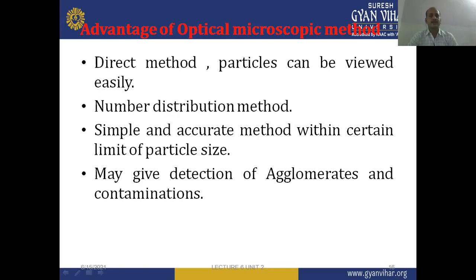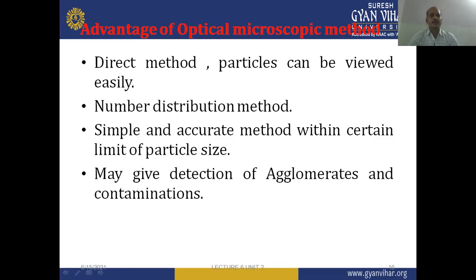It is also known as a number distribution method. By counting the number of particles, we can determine the particle size of a given sample. We can plot a graph between number of particles and particle size range or mean particle size on the x-axis, which provides results as a frequency number distribution curve.